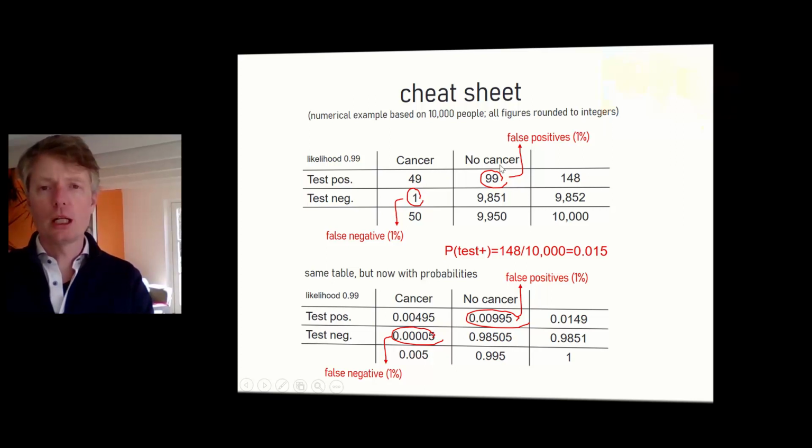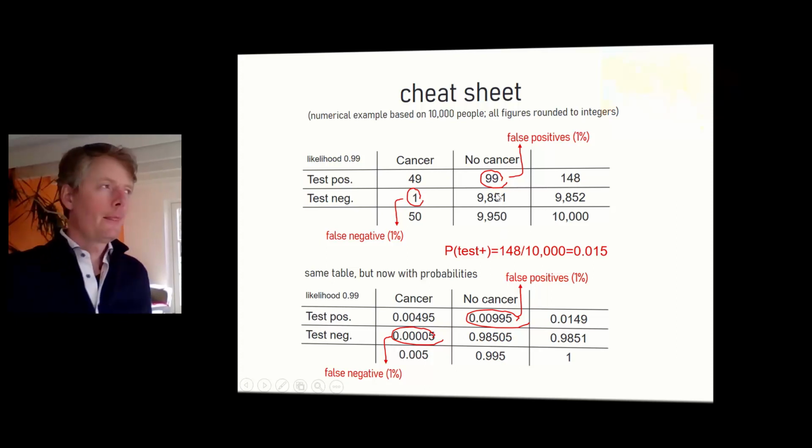Similarly, obviously there's a large group that does not have cancer, but given the accuracy of 0.99, almost 100 out of this group gets a positive test result.